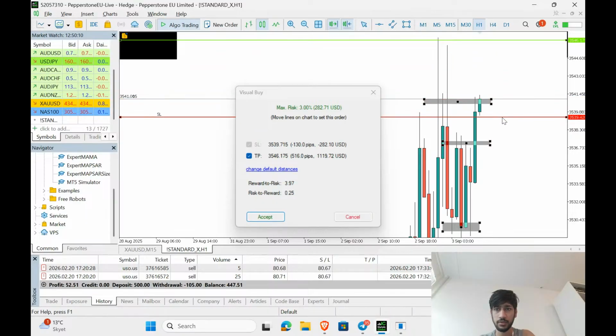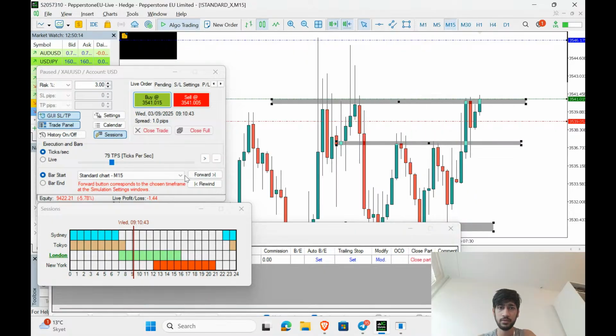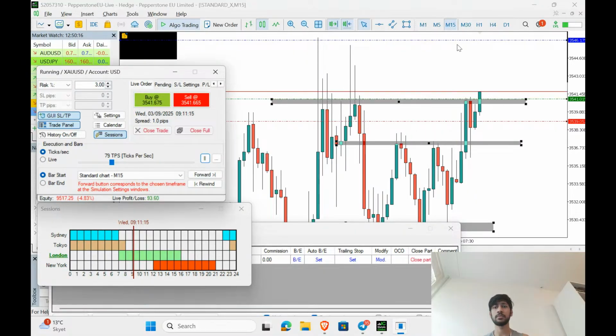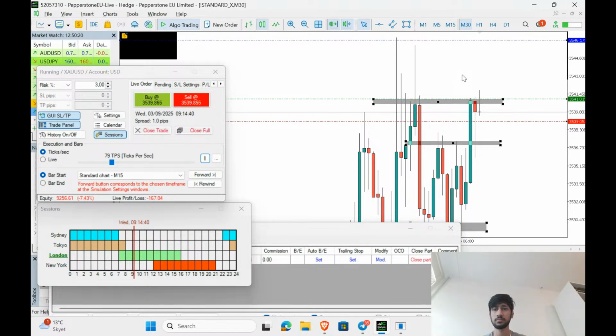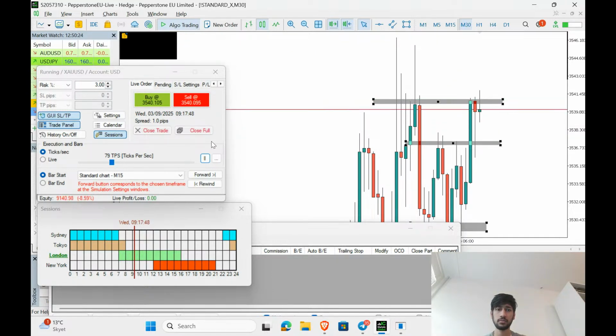Stop loss right over here and execute the buy. And keep your hands tight. Just let it play out, whatever it does. I'll give my trade a chance if it re-breaks the highs.